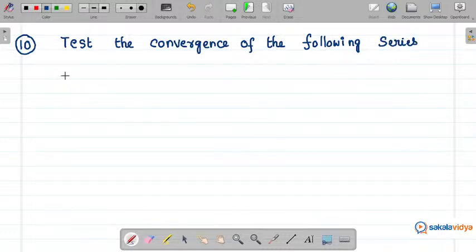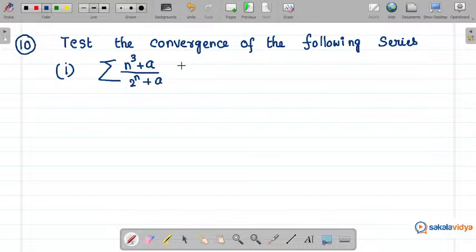The first one is sigma (n cube plus a) divided by (2 to the power of n plus a).